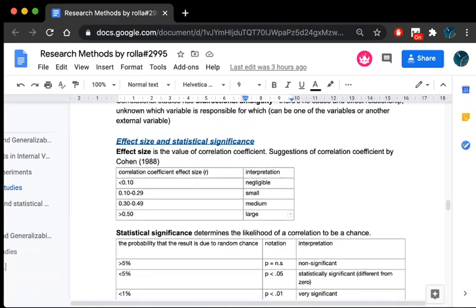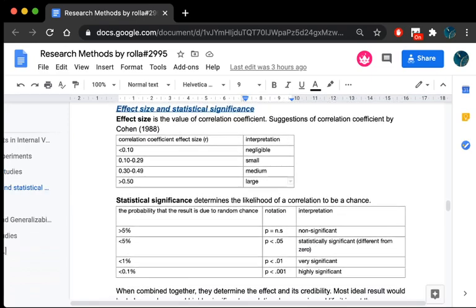But we don't know if the result that you get, since this is taken from a sample, just happens because you took a certain sample that has these extreme results, or whether this is actually representative.